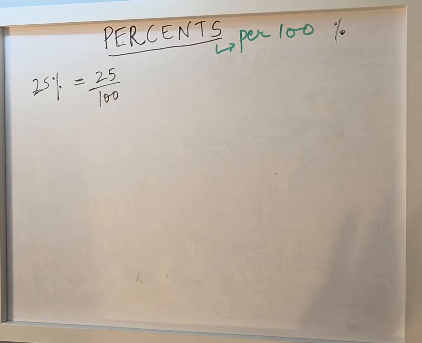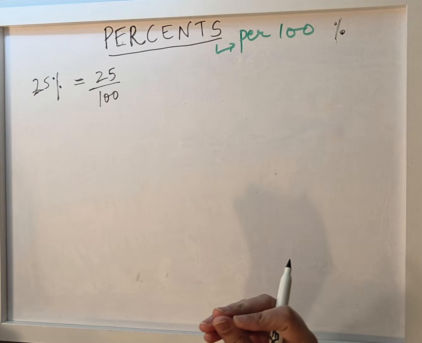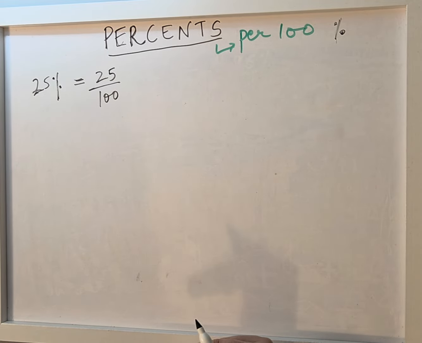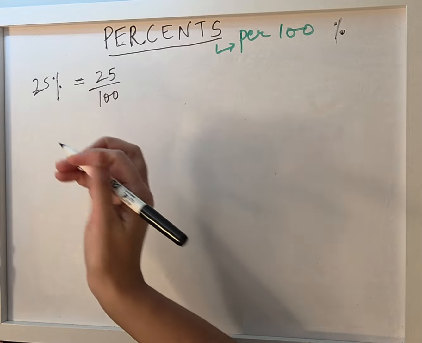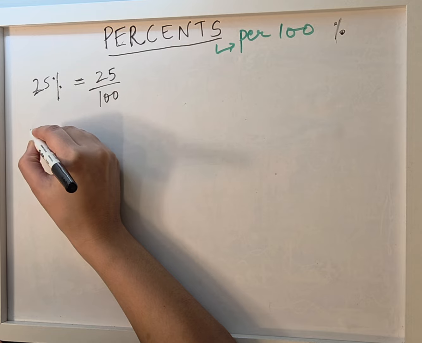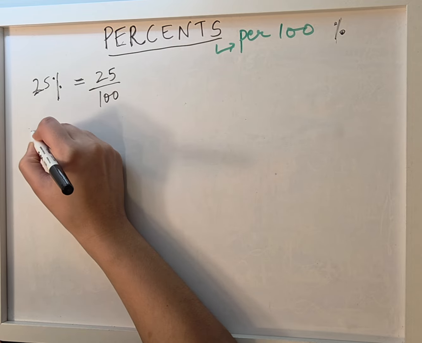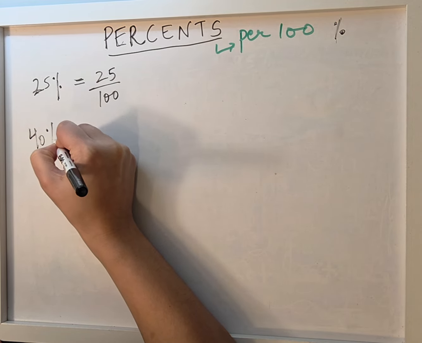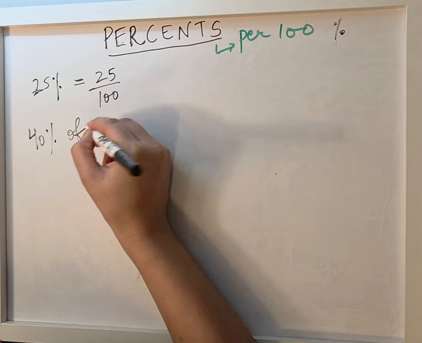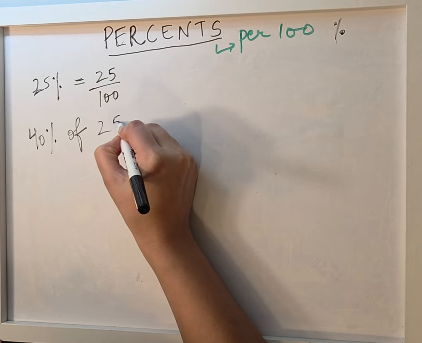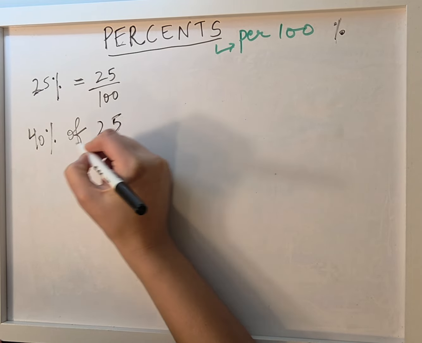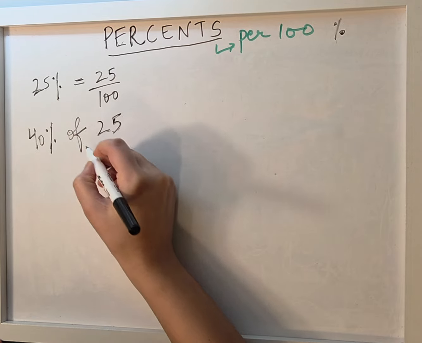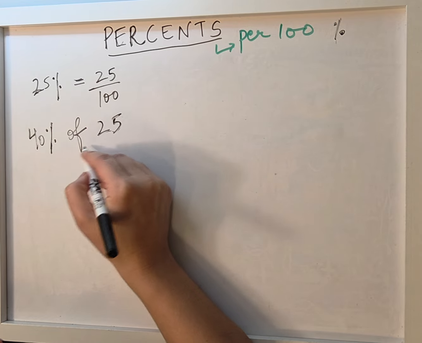You might have heard of things like a 50% discount or a 10% sale. Whenever we say "of" something, like 40% of 25, what does this "of" signify?